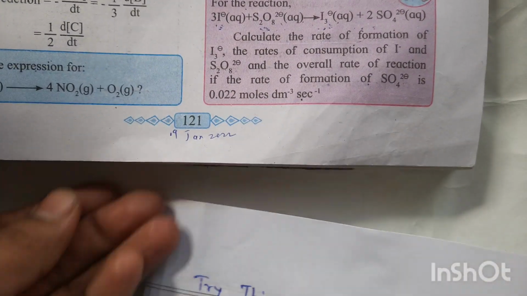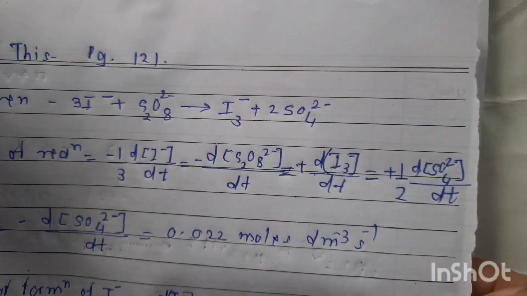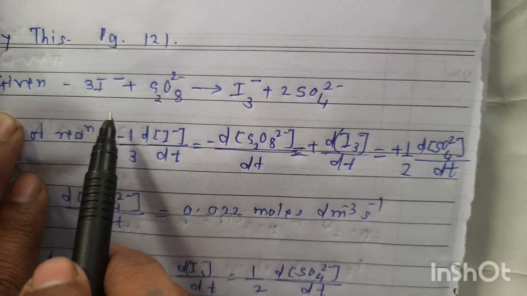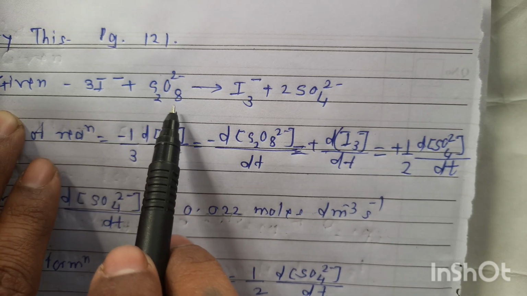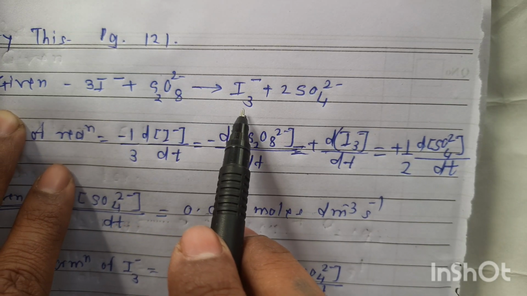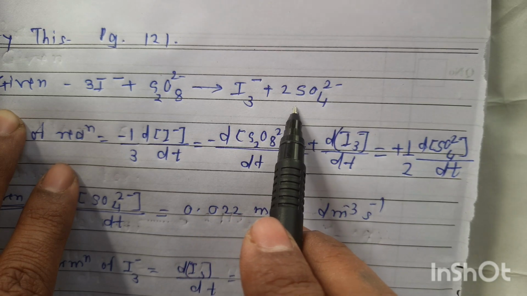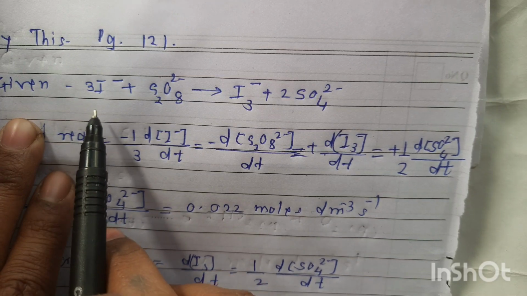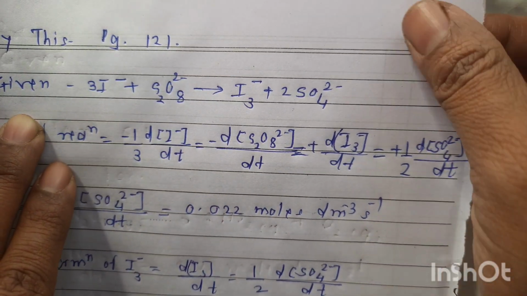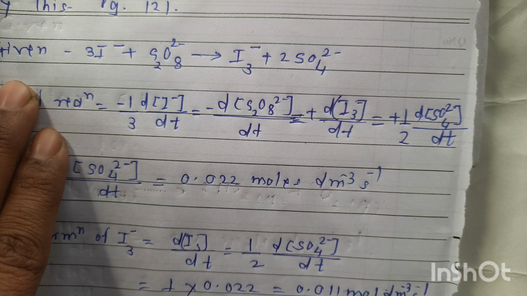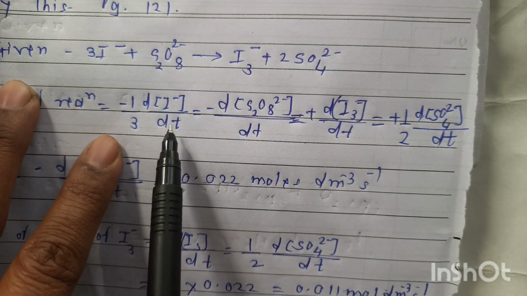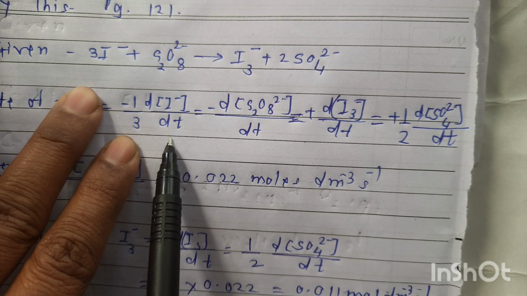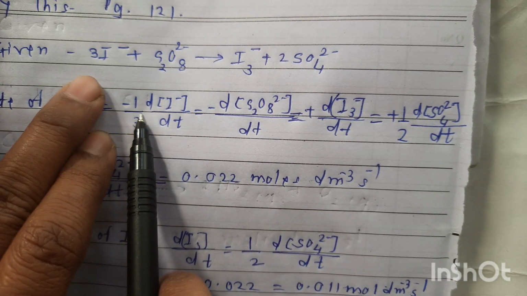So from this equation what can we write? What is given to us? One reaction is given, that is 3I minus plus S2O8 2 minus gives I3 minus plus 2SO4 2 minus, right? सो इसके लिए हमें मालूम है कि अगर स्टाइक्योमेट्रिक कोएफिशिएंट 1 नहीं रहा तो इन दैट केस हाउ वी आर गोइंग टू राइट द रेट ऑफ रिएक्शन, that is rate of disappearance of reactant, that is d I minus by dt, is multiplied by 1 by 3.